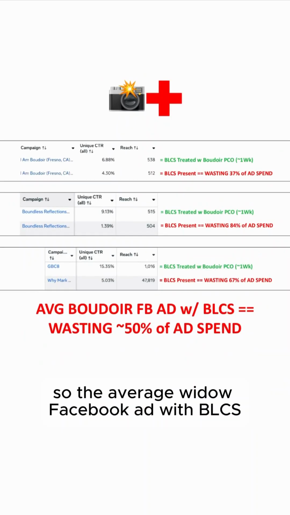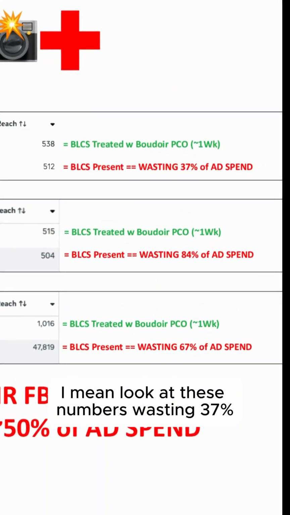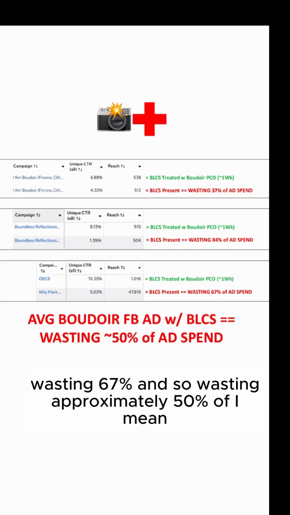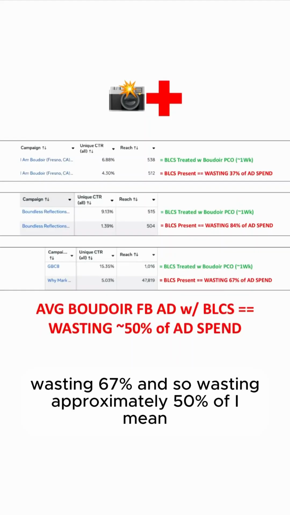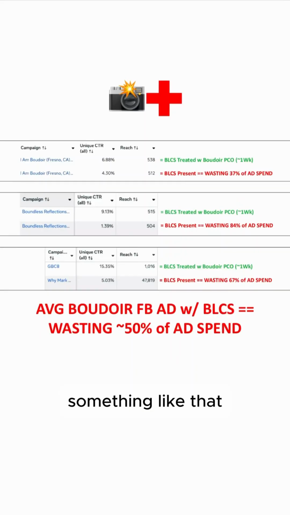So the average Boudoir Facebook ad with BLCS is wasting approximately 50% of ad spend. I mean, look at these numbers: wasting 37%, wasting 84%, wasting 67%. So wasting approximately 50% of it. The average there is between 50 and 60%, something like that.